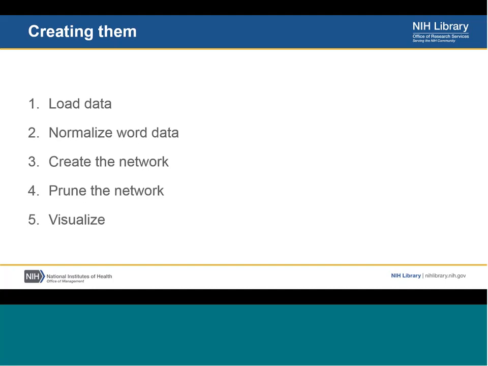So when we're doing word co-occurrence networks, we really just focus on the titles because those titles have a much higher topic specificity than the abstract does. The abstract just has too many terms. For a word co-occurrence network, it just doesn't really work.